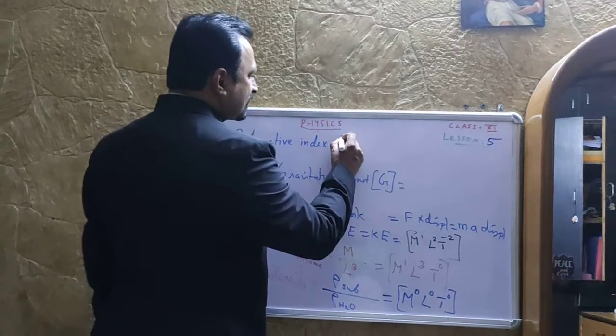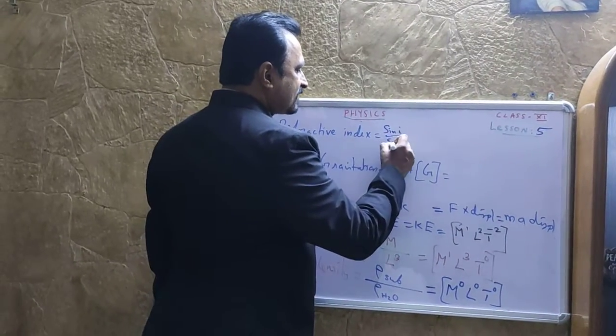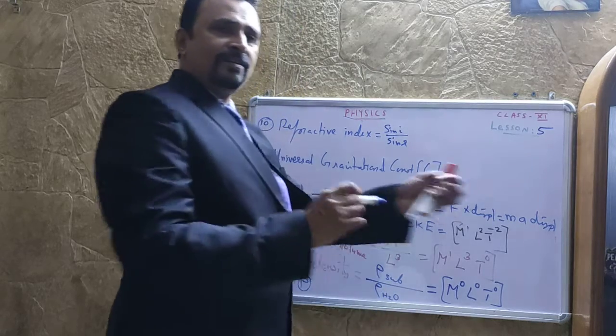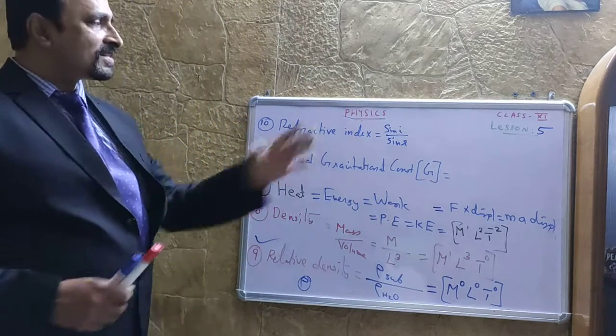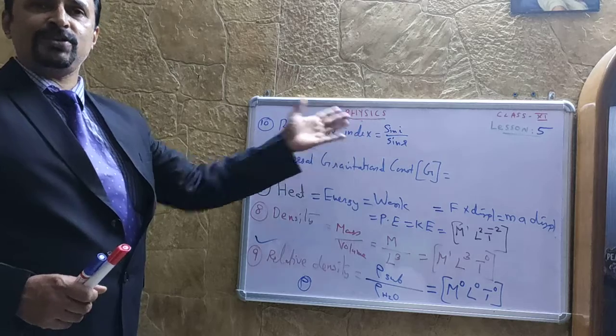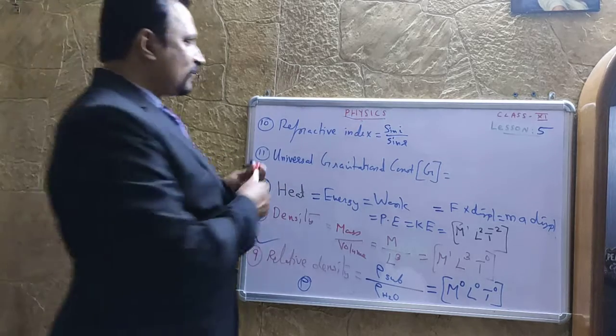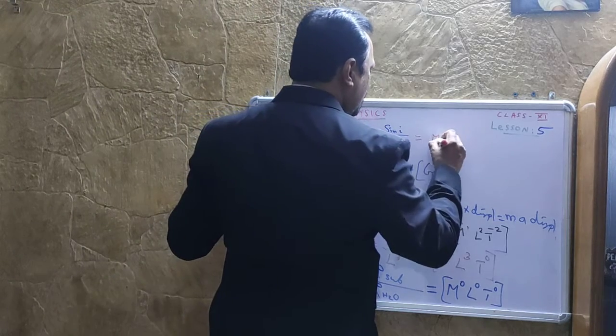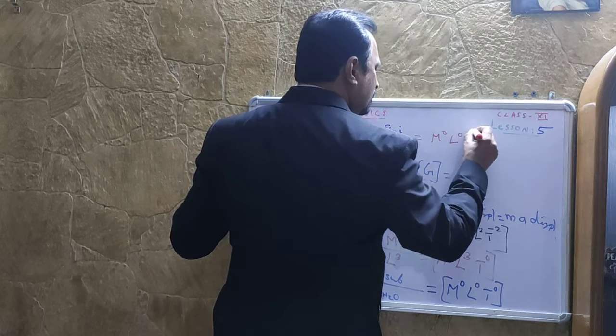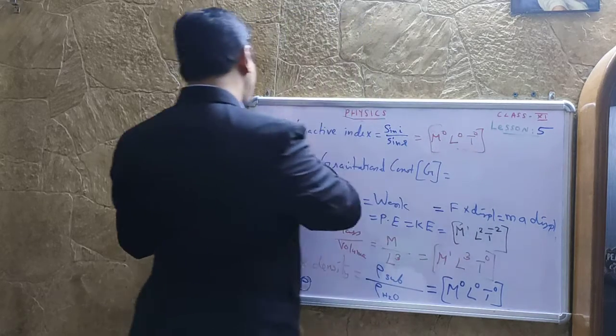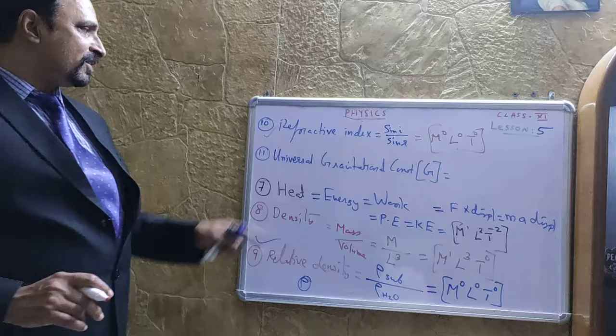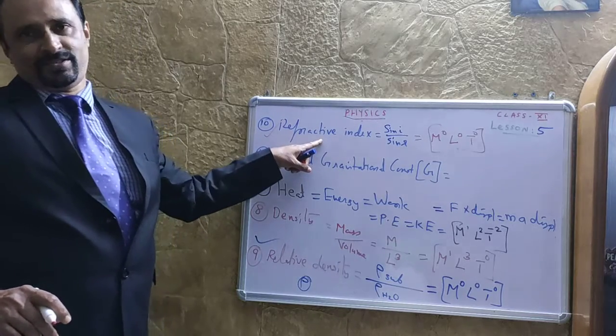Refractive index is sin i divided by sin r. Right? So both are sine of an angle, so again dimensions cancel each other. So this is also an example of a dimensionless physical quantity which is a variable.